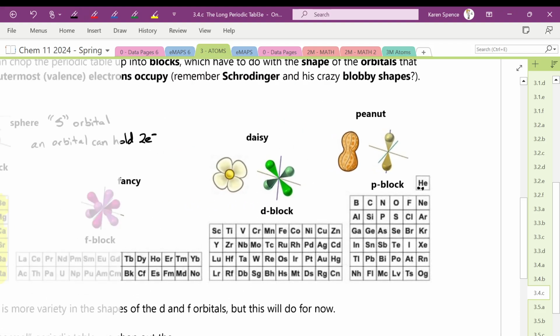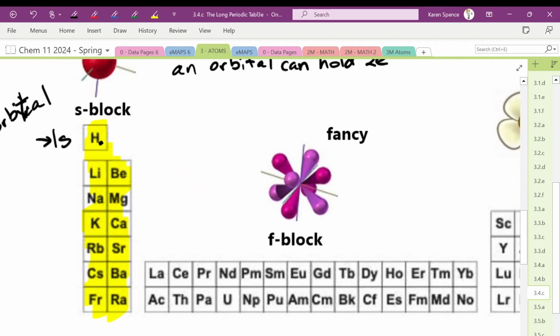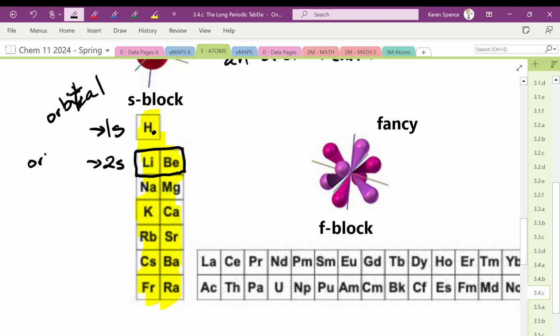Okay? Then we go to energy level 2, right? Because we're now on shell number 2. Shells and energy levels are the same thing. We go to energy level 2, and these 2 guys here, we are filling up the 2s orbital. So we put 1 electron in the 2s orbital, and then we put a second electron in the 2s orbital. Okay?